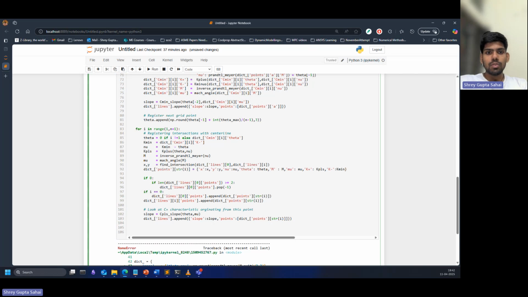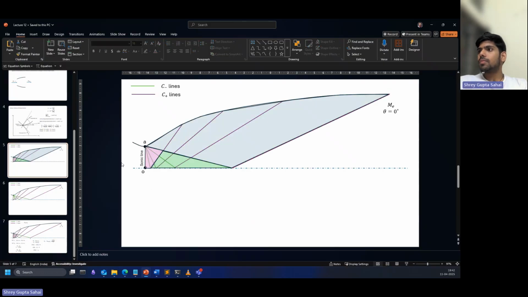Then the next thing that we do is, now this C plus line will intersect with the rest of the C minus lines. Now I'll show you. You see, in this sequence, the first C plus line originates from the first C minus line and it intersects with all the rest of the C minus lines.